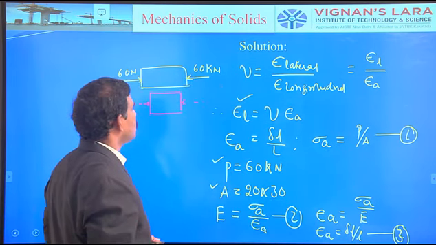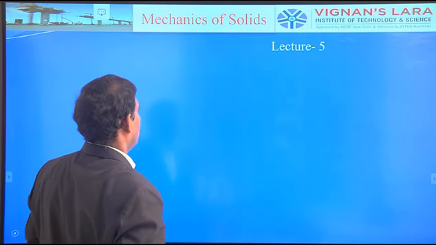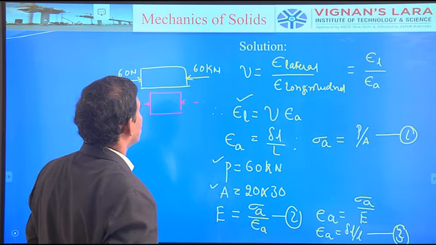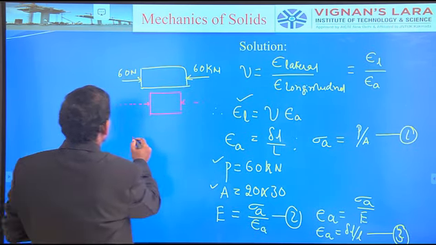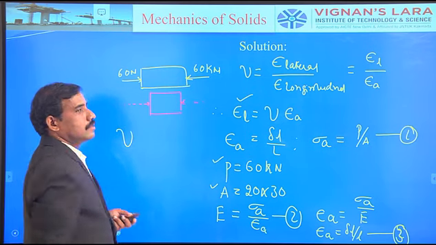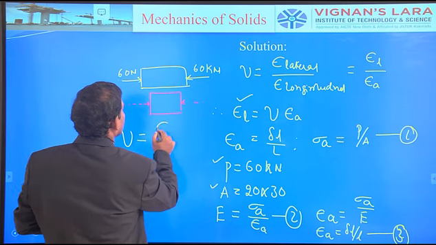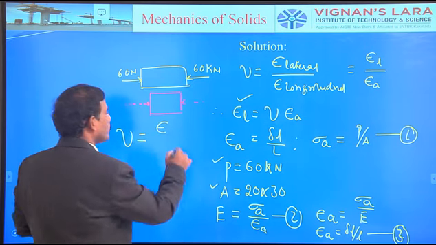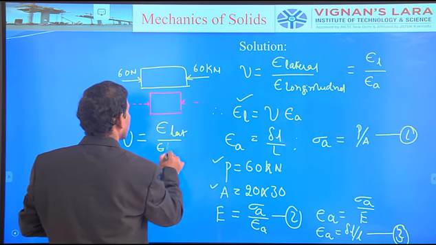Coming to the next case, that is change in breadth and height. As we know, Poisson's ratio nu is equal to the ratio of the lateral strain to the longitudinal strain.